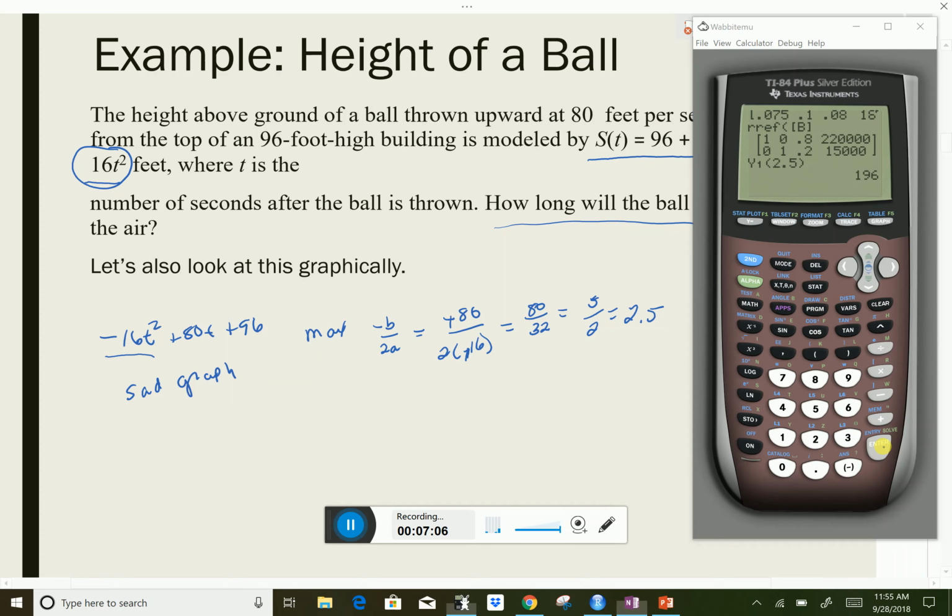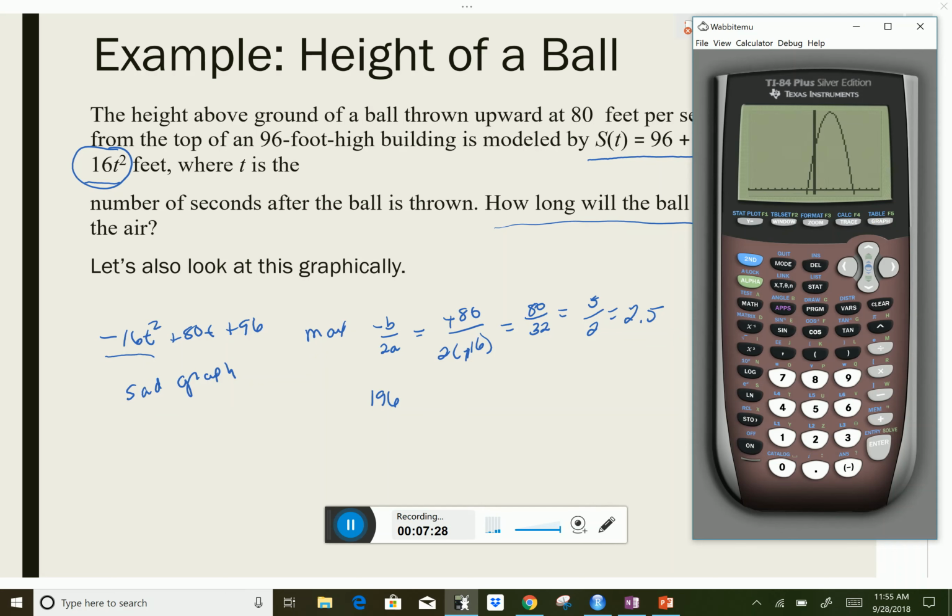It's 196. So I know that this function has to go as high as 196. So when I go to my window, I know that my y max has to be at the very least 200. So let's see what that looks like now.